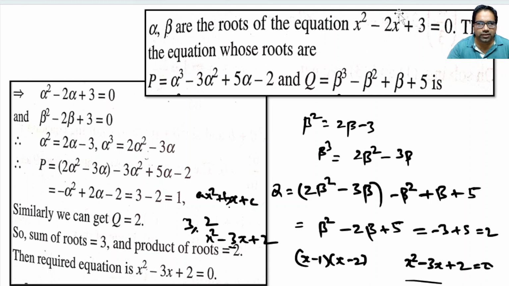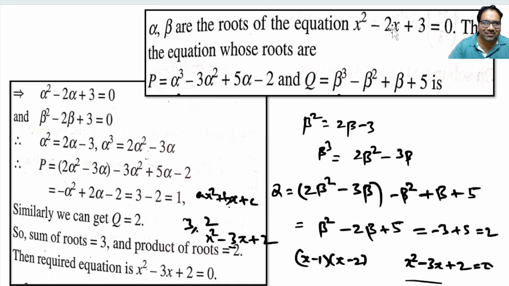If this was a normal equation with real solutions, we could have solved this equation also. But in this case, b square minus 4ac is 4 minus 12, so we get complex roots. That's why solving for the roots and then substituting them here would become a complex process. That's why we choose this method.